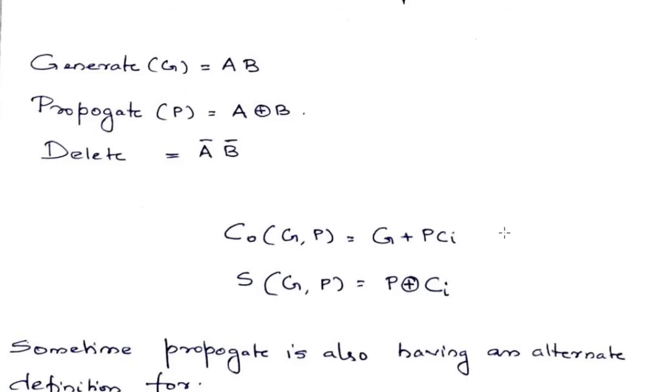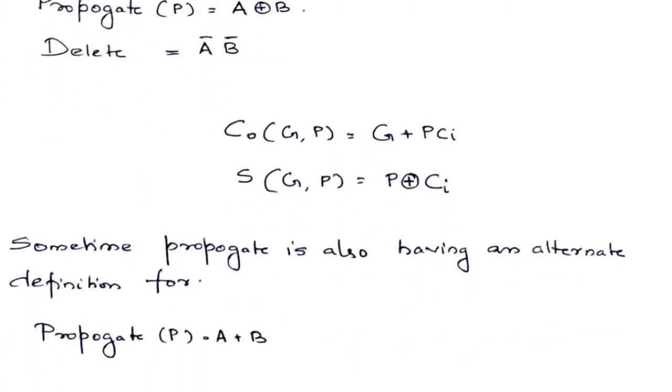That is where we'll be using it in the further adders. So I just said that here. CO, that is carry output, will be G plus PCI, that is the generate function that we found out earlier, that is AB plus PCI, where P is A XOR B. It will be equal to the carry out, and the sum expressed in terms of generate and propagate will be P XOR CI.